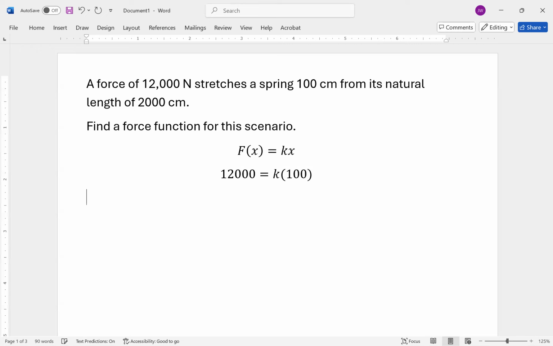That means my constant is going to be 120. 12,000 divided by 100 is just 120. So my force function is f of x equals 120 times x.